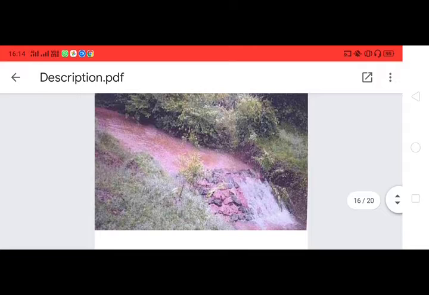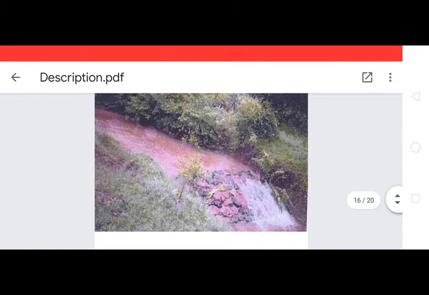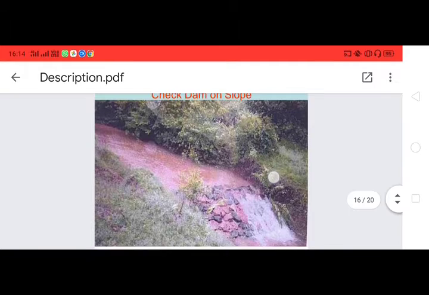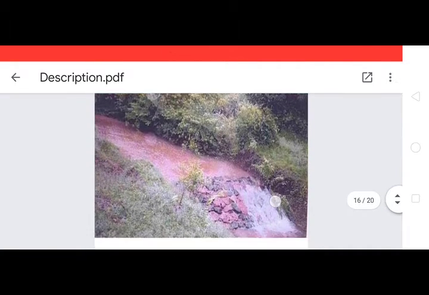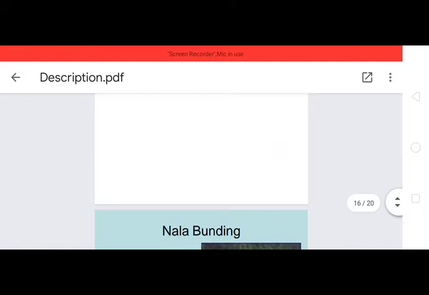So the velocity of water is interrupted and most of the energy of the water is dissipated throughout this slope, so casualties can be reduced. So check dams are introduced as a slope on the path of water flow.